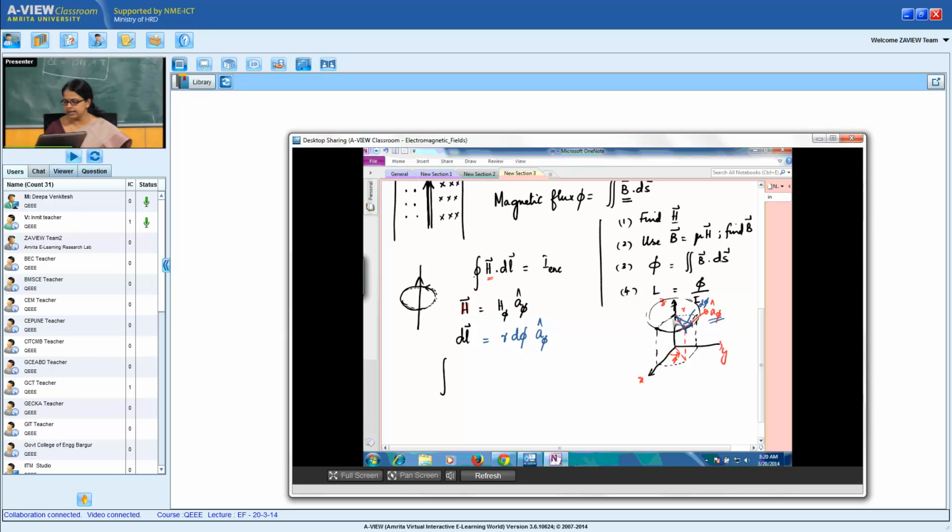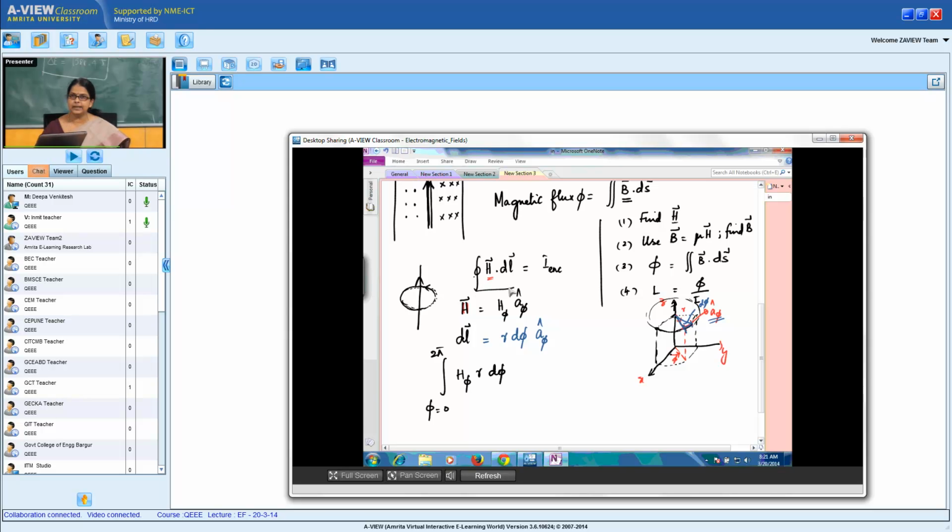My z is not changing, the height is not changing, because I am looking at a loop which is at the same height. I am not looking at a tilted loop. The only variable that is changing is phi, and that phi will start from, when I start from this end, phi is 0. When I rotate and come back, my phi is 2 pi. So my phi is 0 to 2 pi, H phi r d phi.